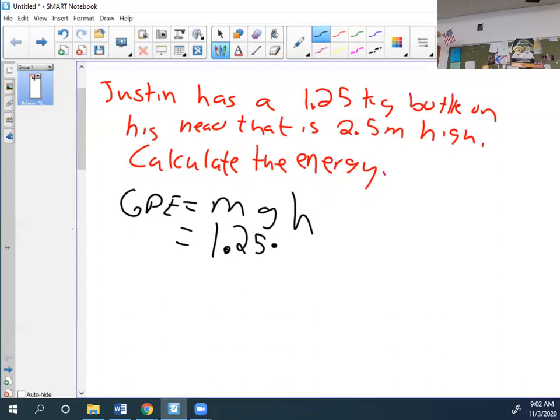What's the value of gravitational acceleration? This was one of your vocabulary terms: acceleration due to gravity. 9.8. So g, unless it tells you explicitly it's not on Earth, you assume you are on Earth. So g is always 9.8.